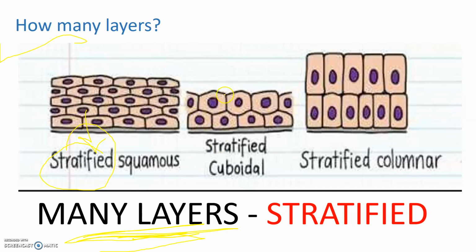Why? Because the cell shape is cuboidal and there are layers. You can see two layers of them. And this is stratified columnar. Why? Because the shape of the cell is cylindrical, and since there are two layers, the name is no more simple columnar, it is stratified columnar tissue.